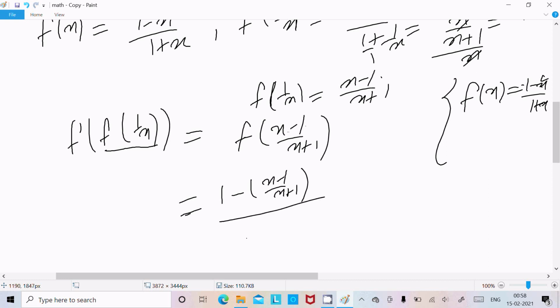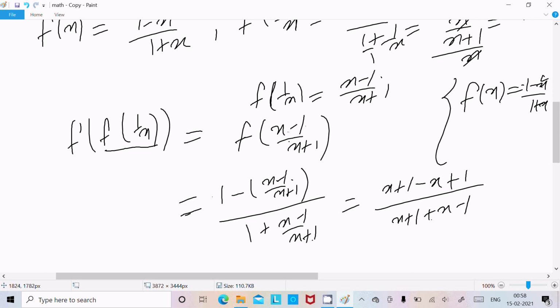The same thing: 1 in x plus, we need to write (x minus 1) by (x plus 1). X plus 1 goes up, minus multiplies with minus x, minus minus 1, and then x plus 1 goes up, x minus 1.